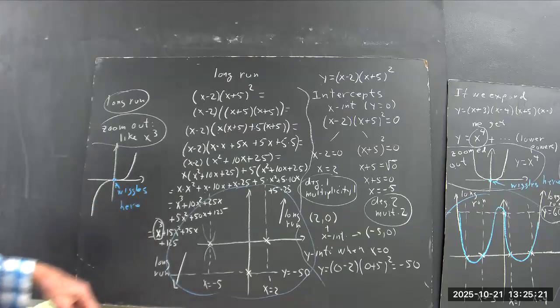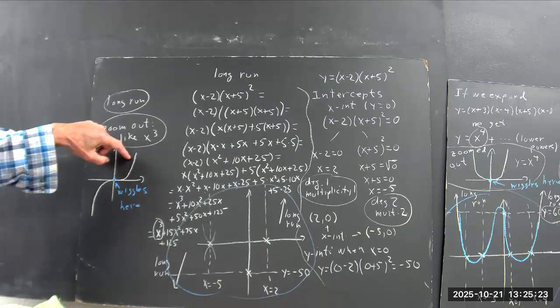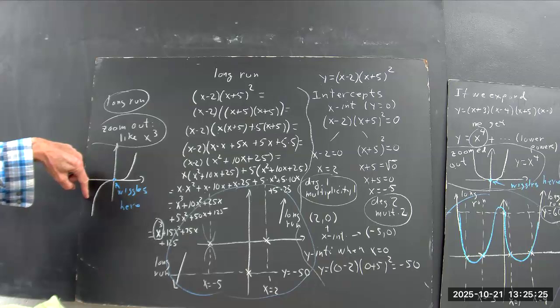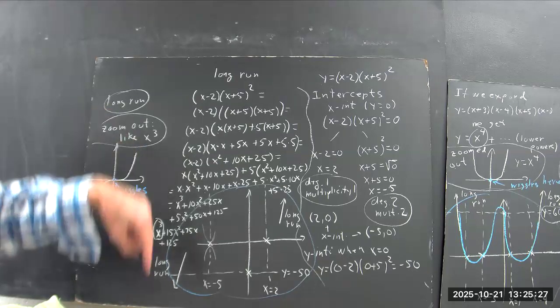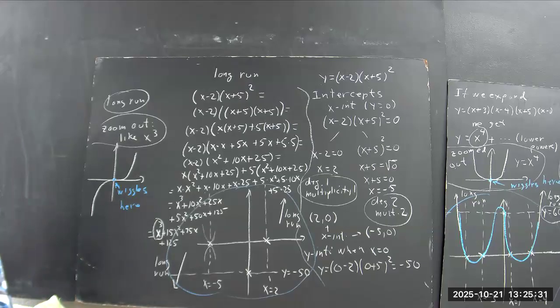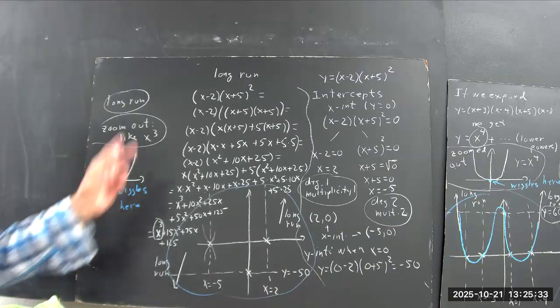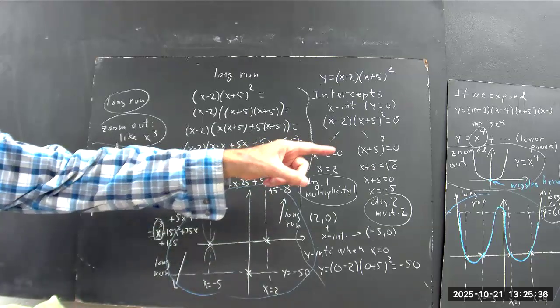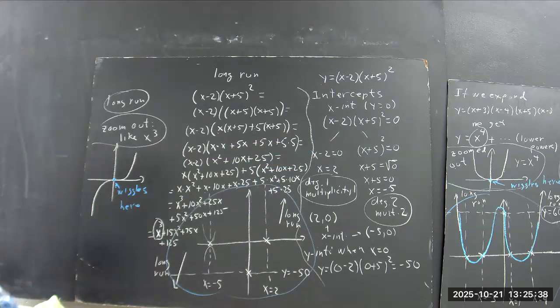But with x³, if you cube a negative, it's negative. If you cube a positive, it's positive. An odd power of a negative is negative. An odd power of a positive is positive. That's the explanation for these two graphs. Make sure you understand that. Don't just memorize the idea because you get it confused. Okay?